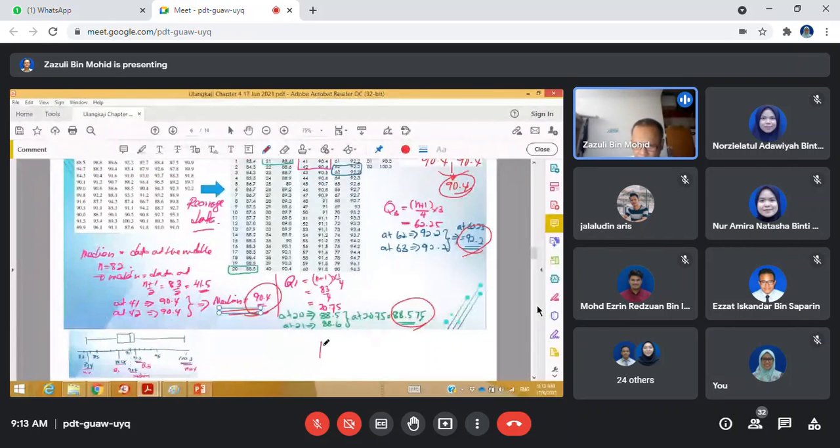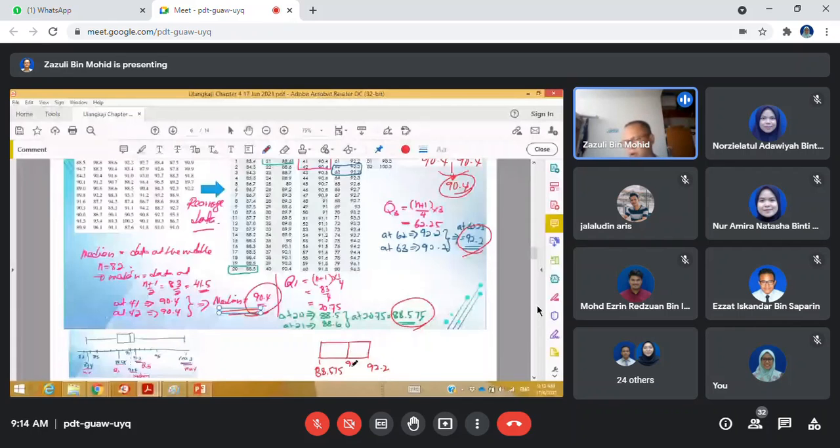First, draw the box first. Q1 is 88, and the Q3 is 92.2, and the median is 90.4. So this is the box.